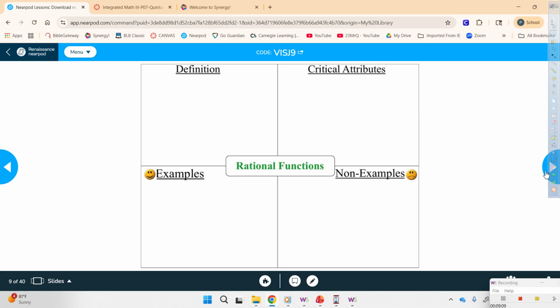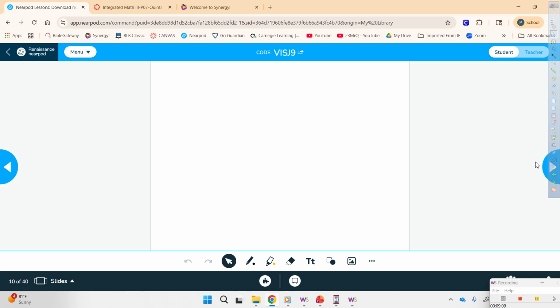Tell your neighbor, and then type them up on the screen, please. No notes. Go. You can either write it or there's a text box that you can open.